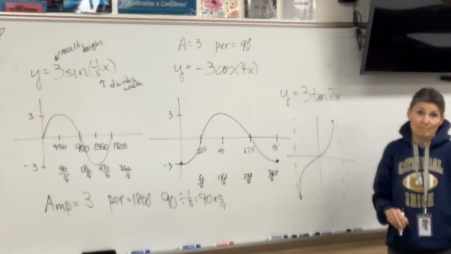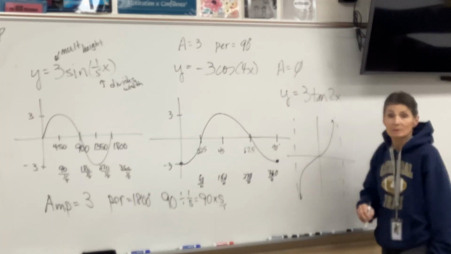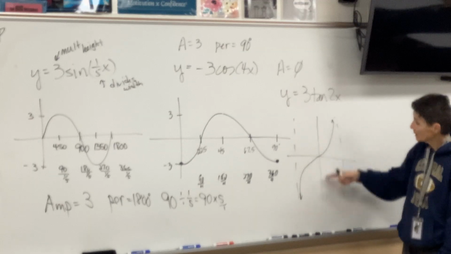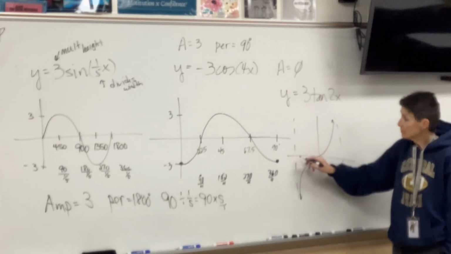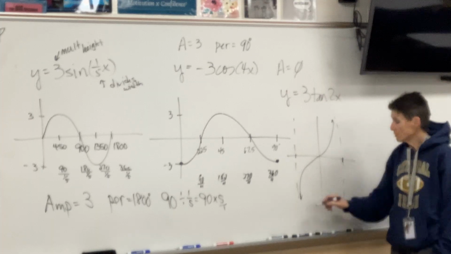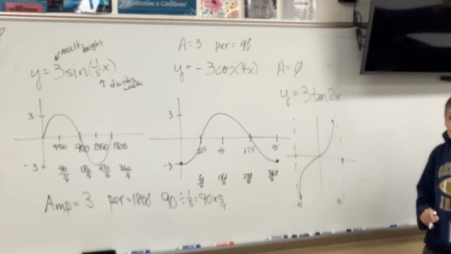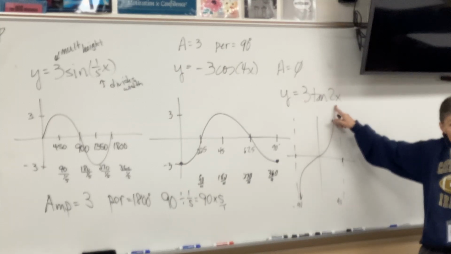Now we have our tangent. And the good news is, we know there's no amplitude to a tangent. So there's no labels here. I do need to label here and here though, my asymptotes. I know that normally they're negative 90 and 90. But we've divided by 2.